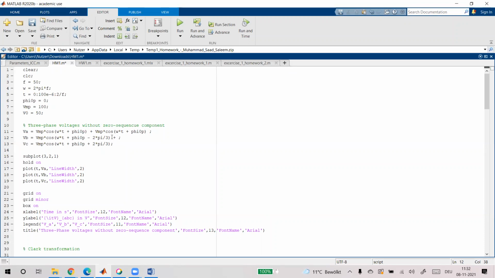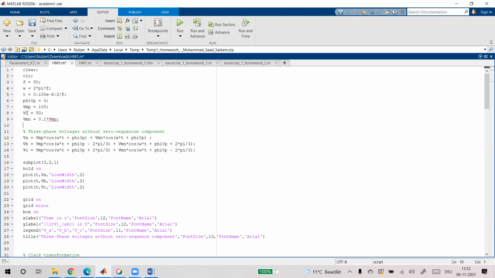So the very first thing is to get familiar with your MATLAB script so that you can use this to test your things. So we make this positive, we make this negative, and I give one variable, let's say 10 times the positive sequence magnitude.